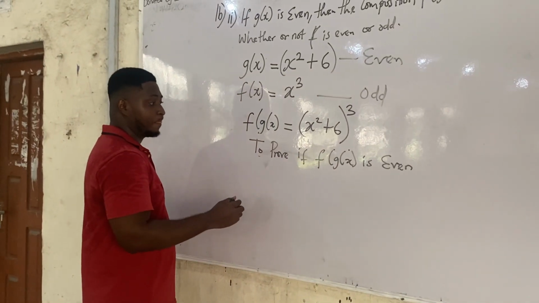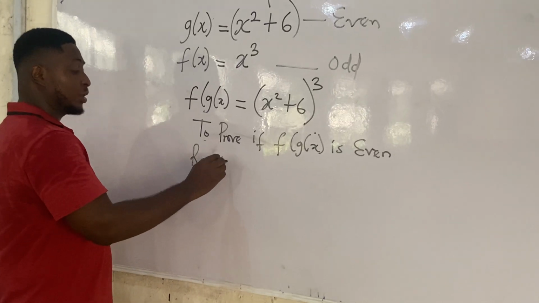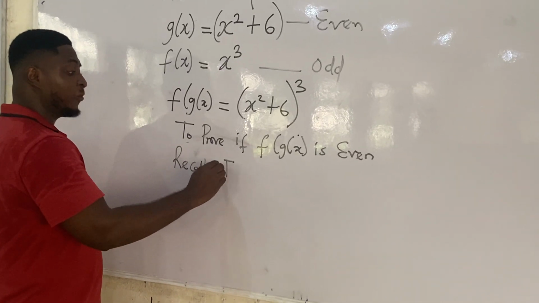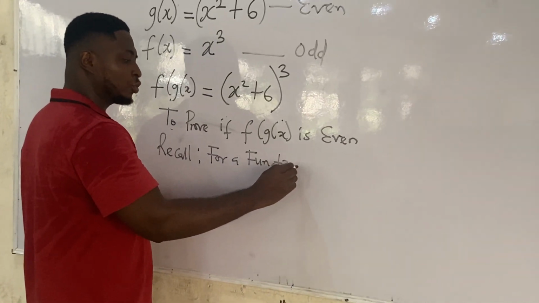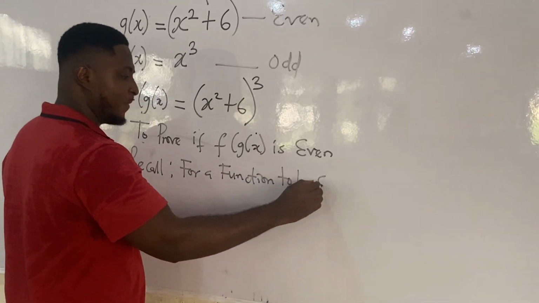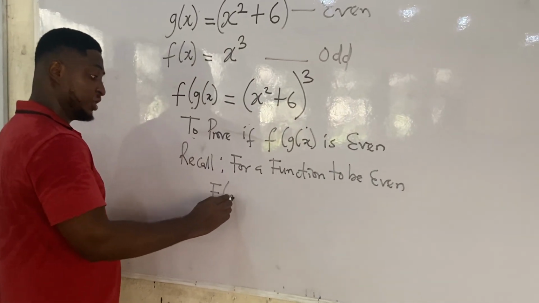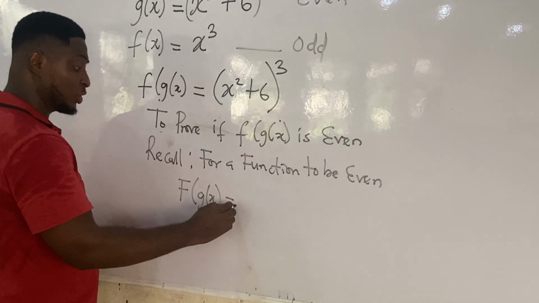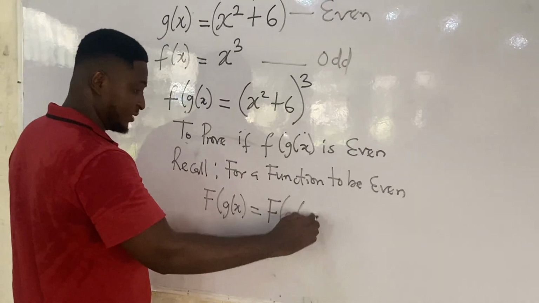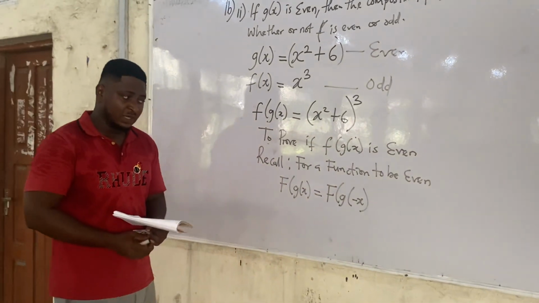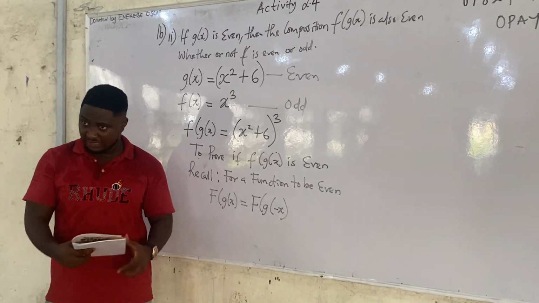To prove that, you say recall that for a function to be even, f of g of x must be equal to f of g of minus x. I didn't mean this was f of x. F of x must be equal to f of minus x, right?